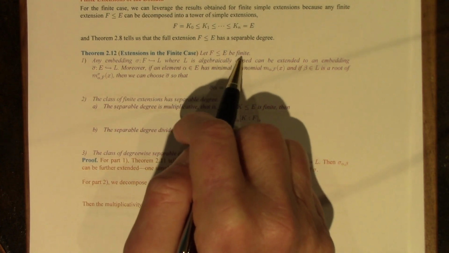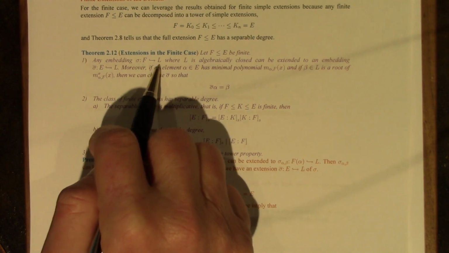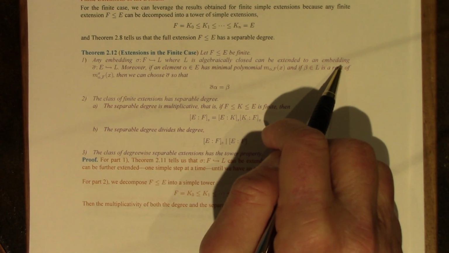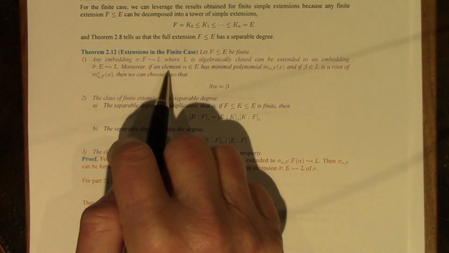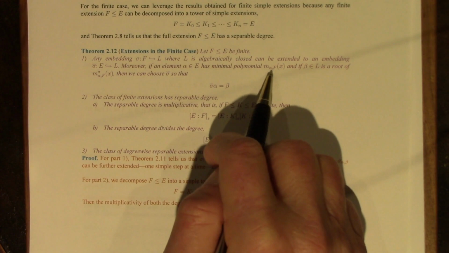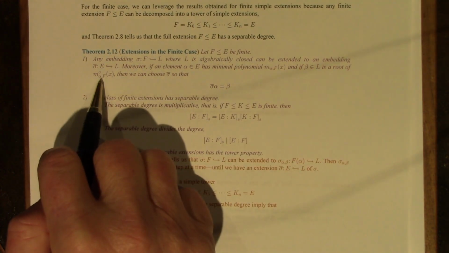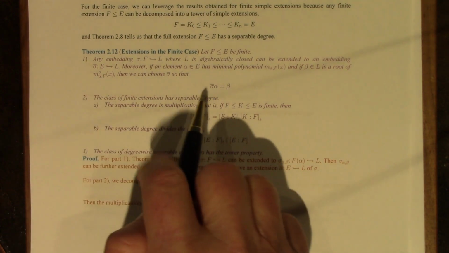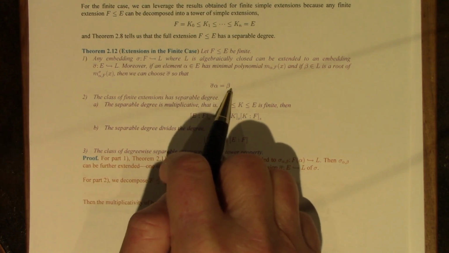Let E over F be a finite extension. Any embedding sigma of F into L, algebraically closed, can be extended to an embedding of E into L. Moreover, if an element alpha in E has this minimal polynomial, and if beta is a root of the image polynomial, then we can choose sigma bar, our extension, to map alpha to beta.